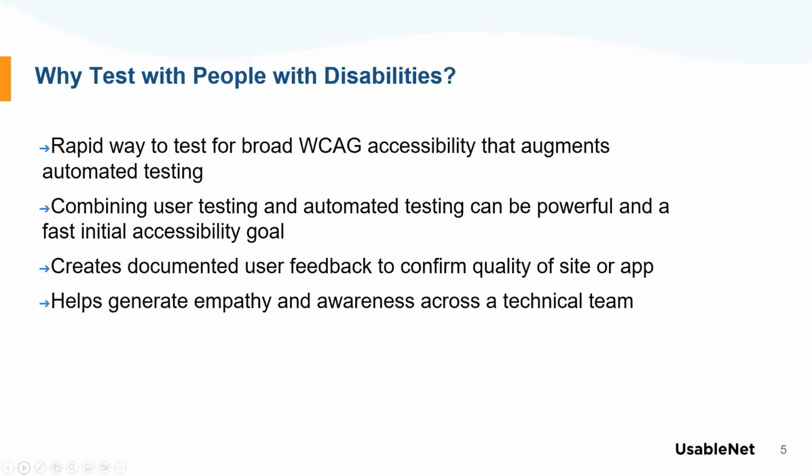We actually talk a lot about, if you've got a limited budget, a limited amount of time, not to sound quick and dirty, but grab someone who uses a screen reader on a daily basis, do some automated testing.